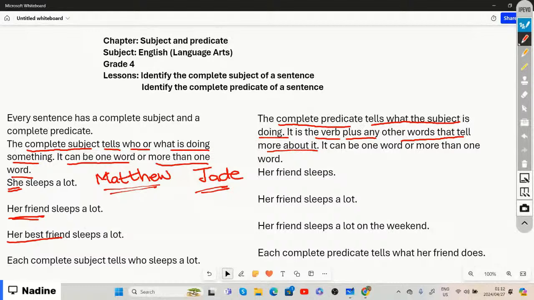And once again, a predicate, right, can either be one word or it can be more than one word. So it doesn't just have to be the verb, like the one word verb. It can be one word, which is only the verb or the action, or it can be more than one word. And more than one word is going to be the verb plus any other word that tells us more about the subject.